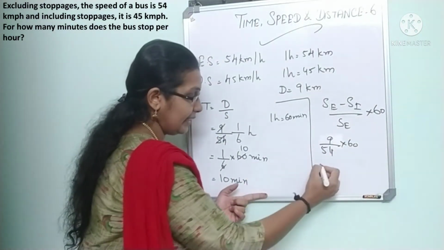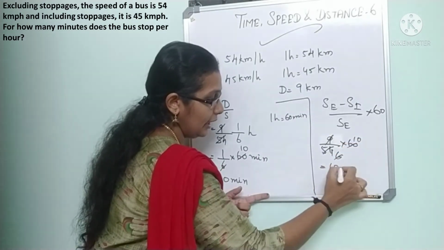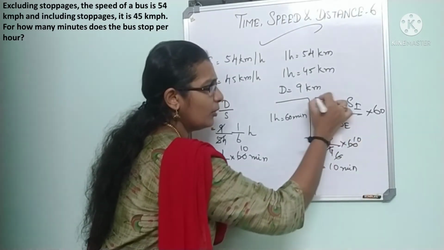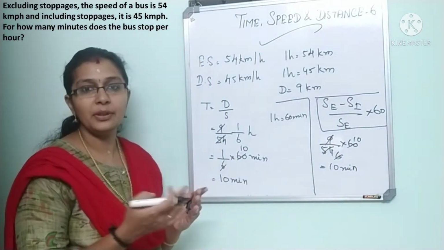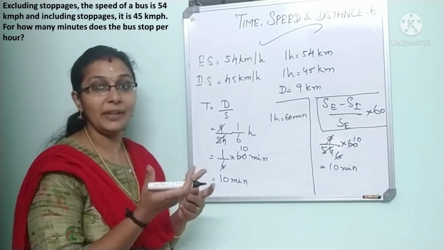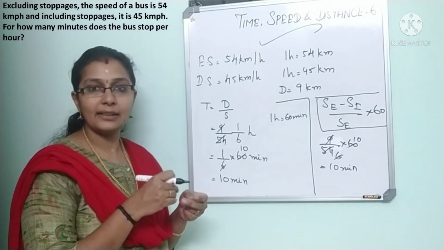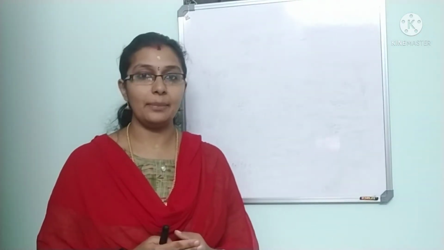So you will get the same answer, 10 minutes. So the formula is like this. Don't look at this as a formula. Just understand the difference between the two speeds, that is excluding minus including speed, divided by excluding speed into 60.